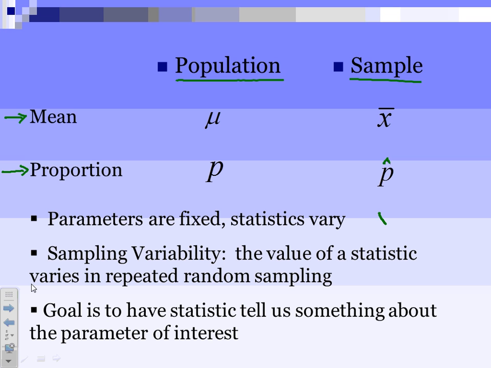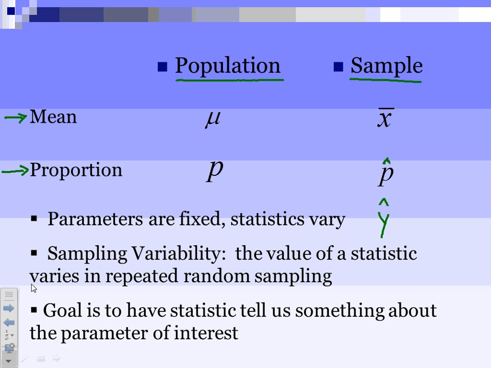And that might remind you of when we talked about linear regression, where we talked about y hat. The y hat was just an estimator of the true value of y, just like the p hat is an estimator of the true value of p. All right? Parameters are fixed while statistics vary, because as you take different samples within a population, you're going to have different means.